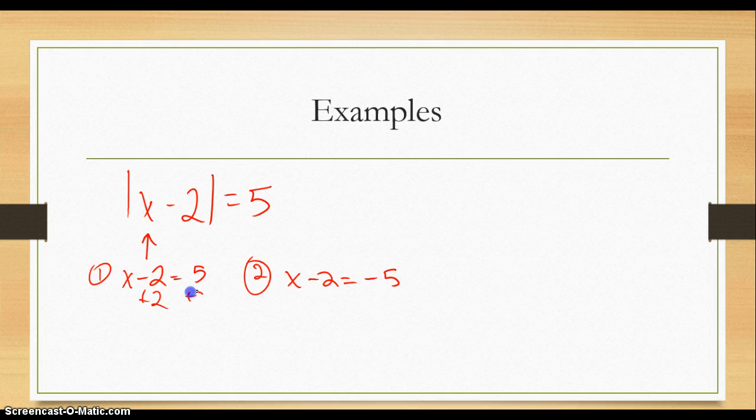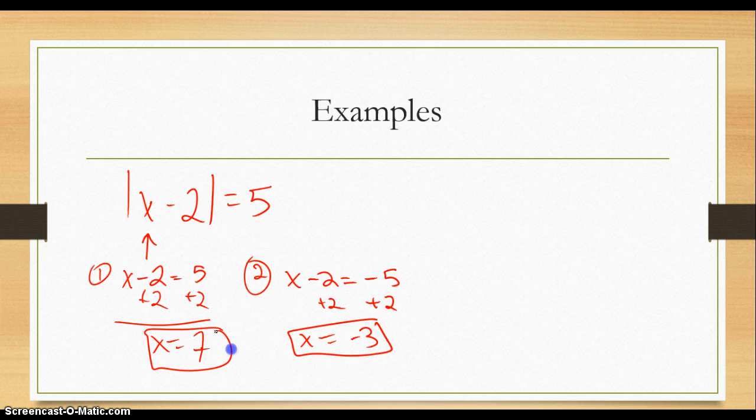Here we just simply add the 2 over, so we get x equals 7. And we add 2 over, and we get x equals negative 3. Now remember, your solution can be negative, but understand when you plug it into the absolute value, it will come out positive.